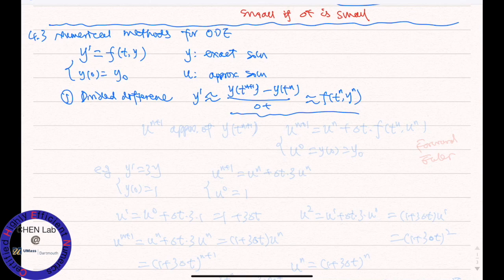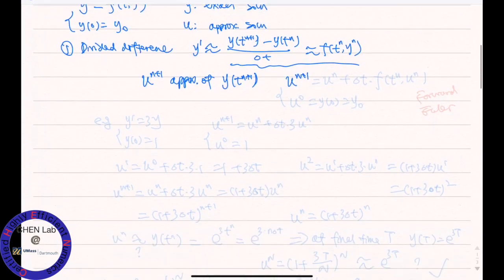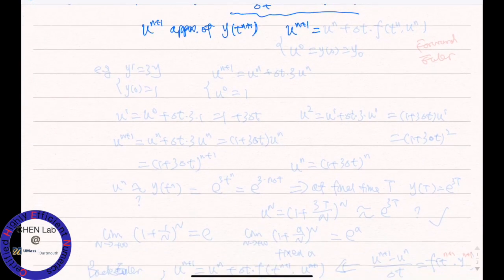Our u n plus 1 is an approximation of y at tn plus 1, so u n plus 1 is equal to un plus delta t times f of tn, un.